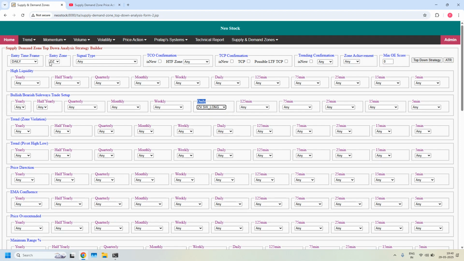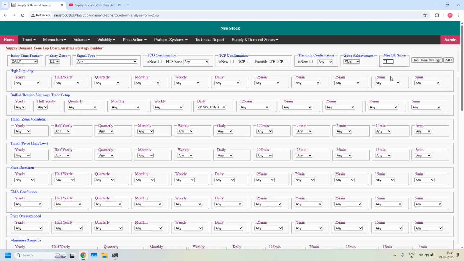Okay, and also for this daily demand zone, we need to add filters. Actually, you need to add 3 filters. One is zone achievement, violated opposing zone. Next one, minimum odd enhancer score. It should be 11 for sideways trade setup and 12 for bullish or bearish. Because I am selecting sideways long, the minimum odd enhancer score should be 11.